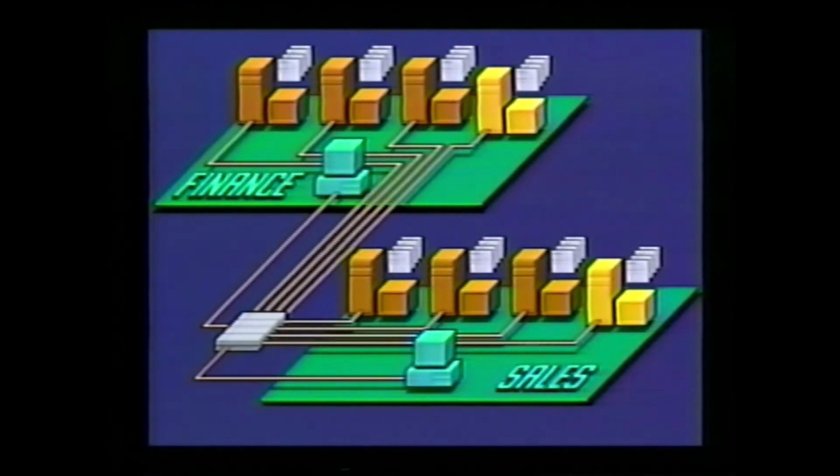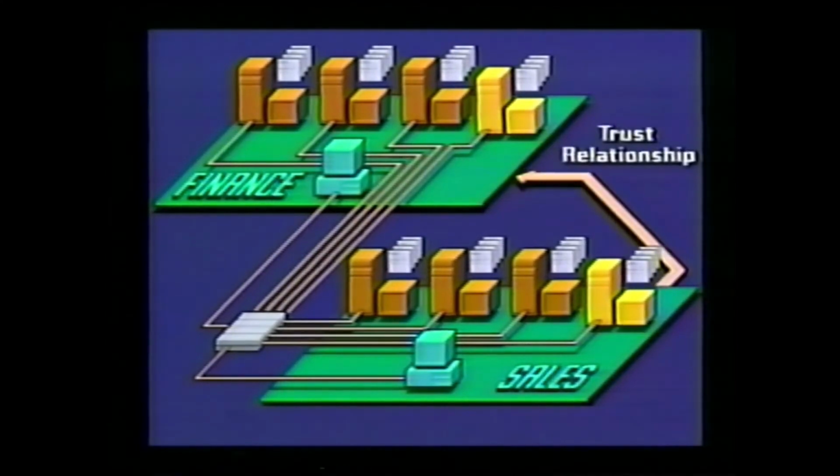If you create more than one domain, you can establish inter-domain trust relationships between the domains. A trust relationship is a link between domains which makes it possible for users who are logged on in one domain, the trusted domain, to access data and resources in the other domain, the trusting domain. Trust relationships are one-way.